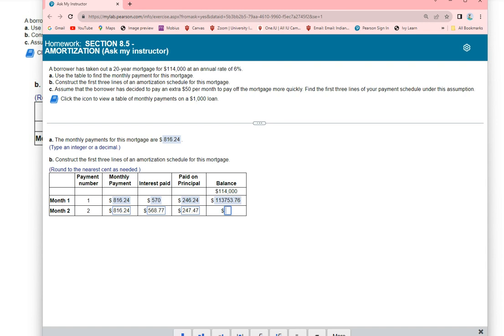Okay. If I didn't make any mistakes, oh, for crying out loud. Try it again, April. I don't have my calculator from school. I'm using some old crappy thing. So I don't have my multi-line display that I love so much. Okay. There we go. So it's going to be 113,506.29.